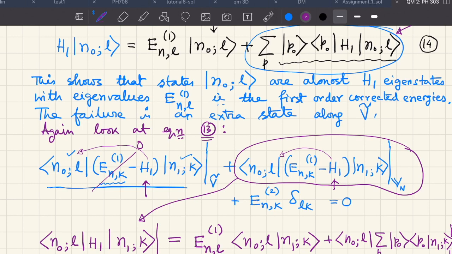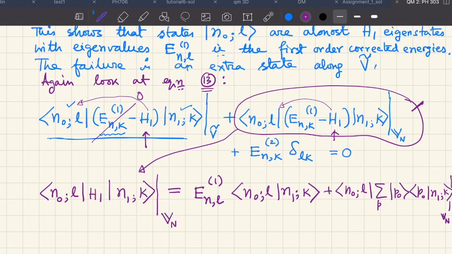Everything is in Vn because we are looking into this term. But this object is already 0 because these are basically from two orthogonal spaces, V tilde and Vn.